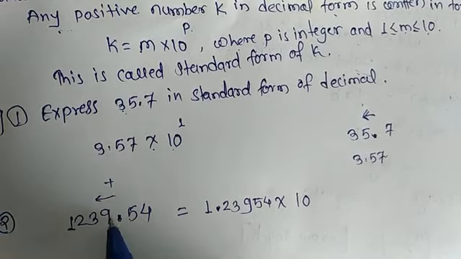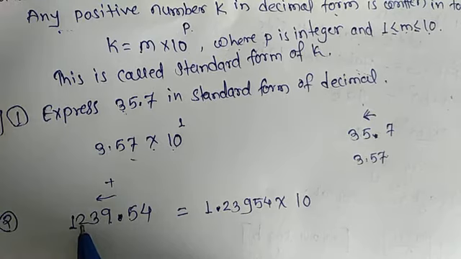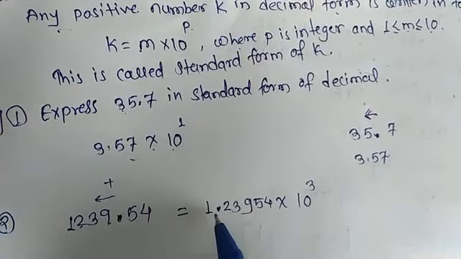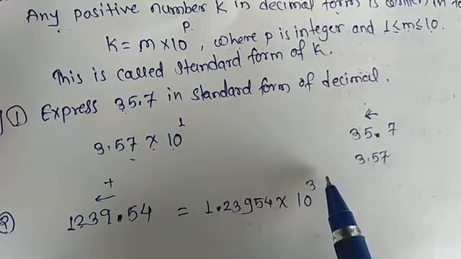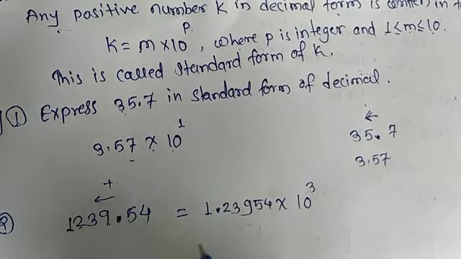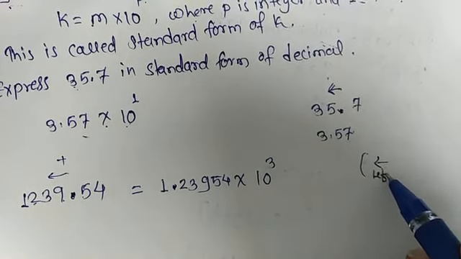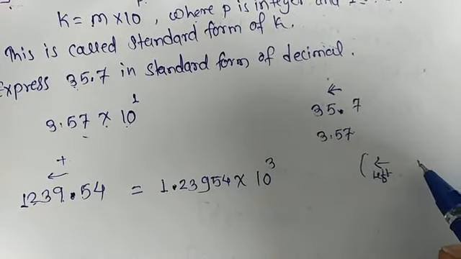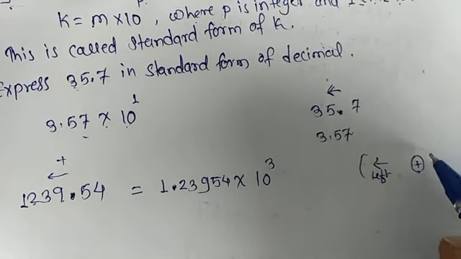We are shifting 3 places, 1, 2 and 3, so it will be 10 raised to 3. So it can be written as 1.23954 into 10 raised to 3, which is our standard form of 1239.54. Remember that when you shift the point toward the left, the power will be positive.